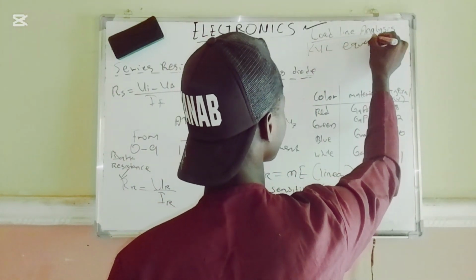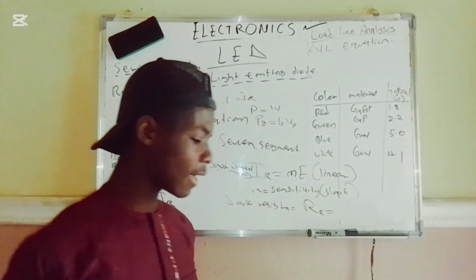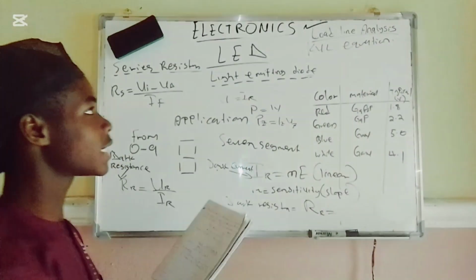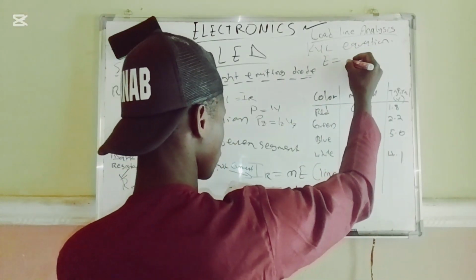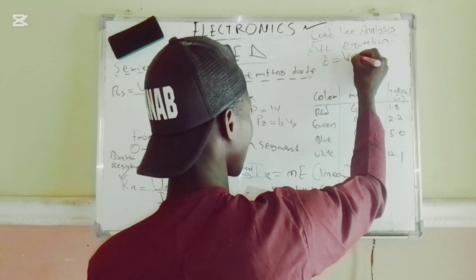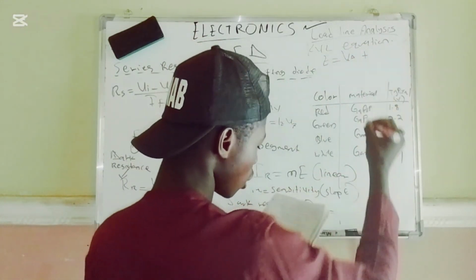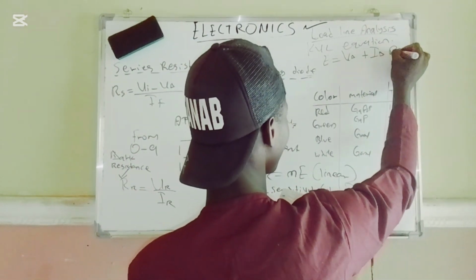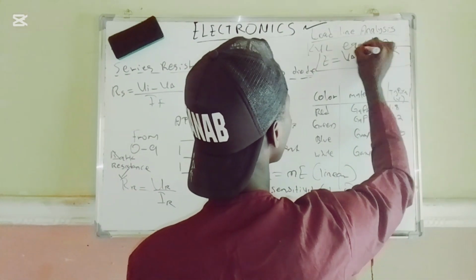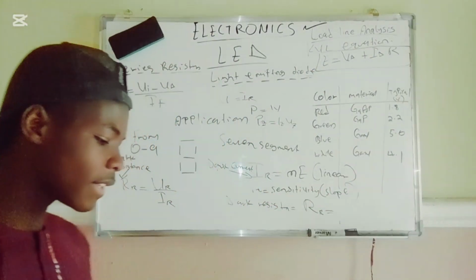The KVL equation says that E equals the diode voltage VD plus ID multiplied by the resistance R.